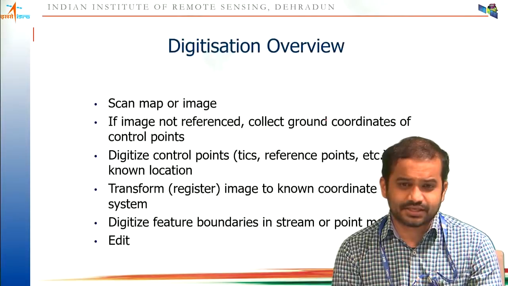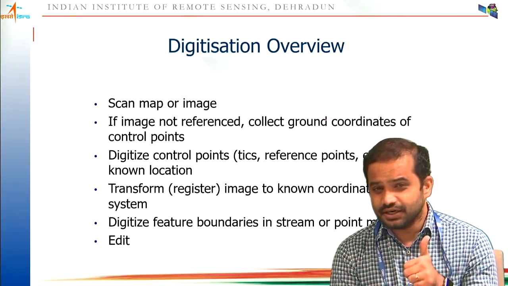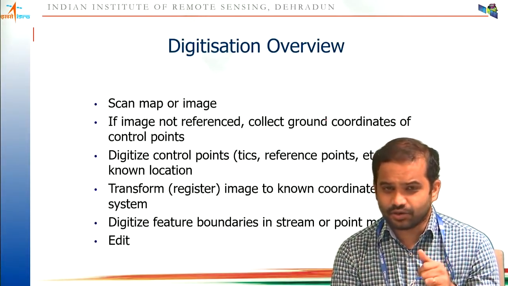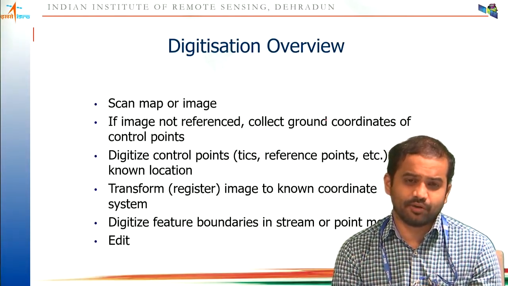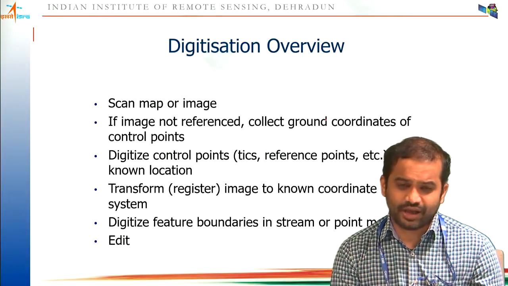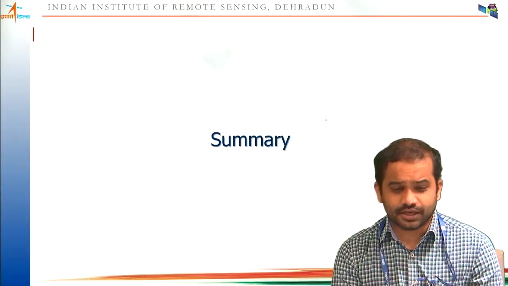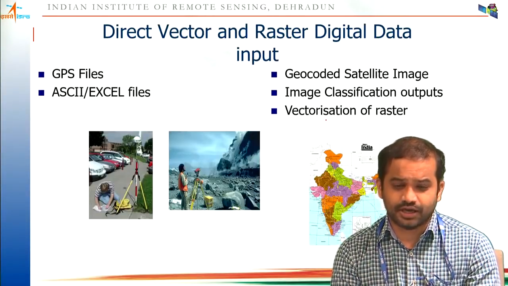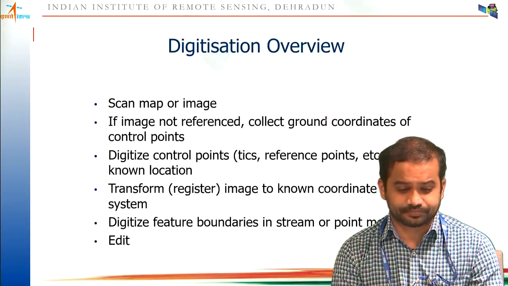So I just summarized the whole part of how you do digitization. Digitization is required when you don't have digital information, like you don't have the points, lines, polygons which you want to extract. So you want to extract from a paper-based map, and then you have to georeference. But if you have a source like a geocoded satellite image, you can directly import it, and on top of that you can create the data.